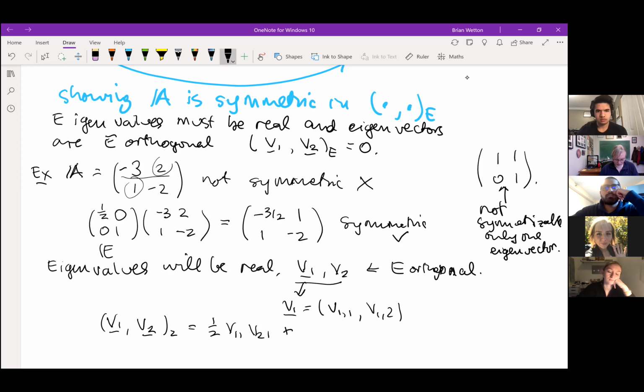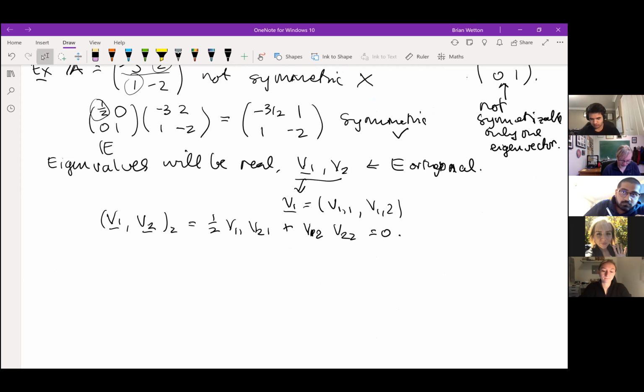Okay, so the way that these things should be orthogonal is an inner product, but with this half for the first components. This will be a 0, and I'll show you what they are so we can check.